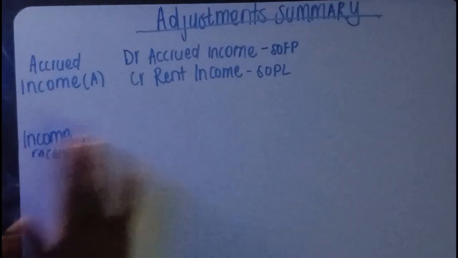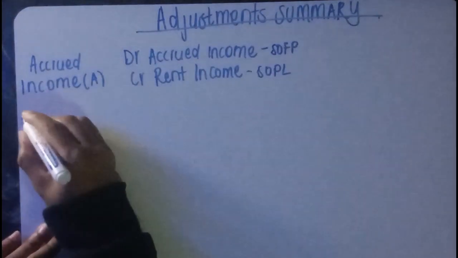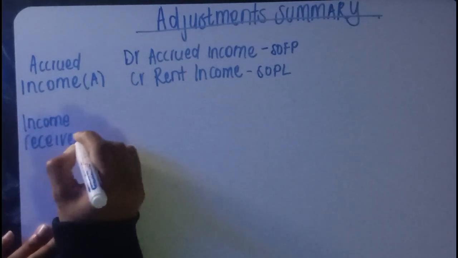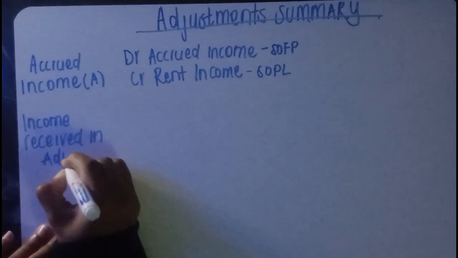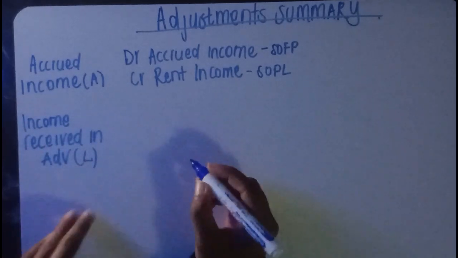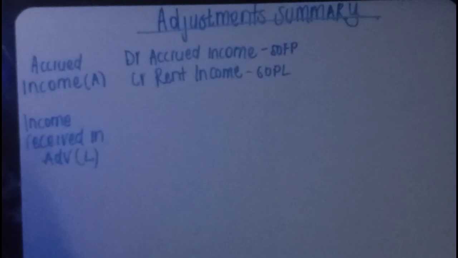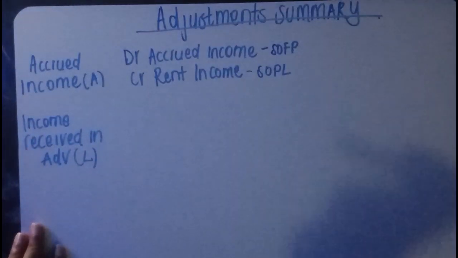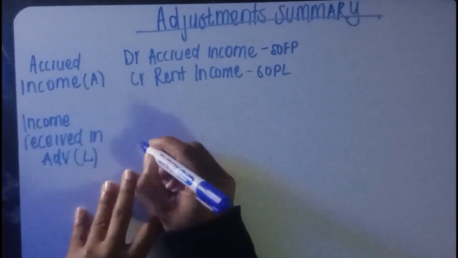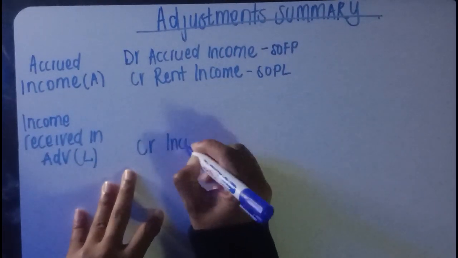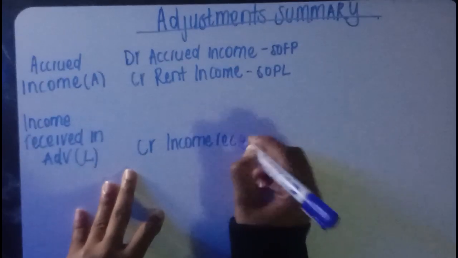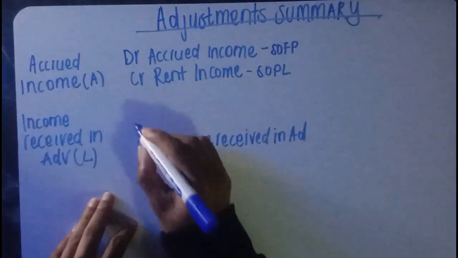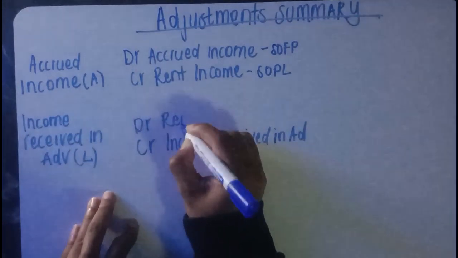I feel like I wrote it really down, and yeah. Okay, I did say that it's a liability, meaning that if they say they paid rent income for the next financial year, you know that obviously liabilities increase on the credit side, meaning instantly you'll credit income received in advance, and you'll debit your rent income.